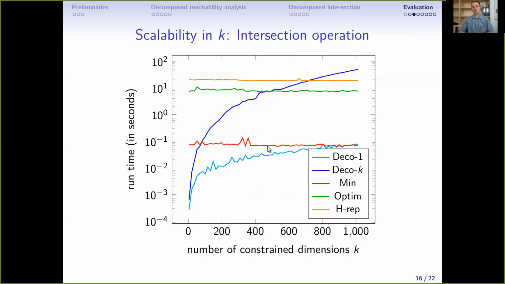And it's actually more efficient even than this very simple heuristic. But in practice, it can also be very coarse. So we would rather advise to use this medium dimensional intersection, which still is very efficient for low values of k. And at some point you have a crossover due to some overhead in our algorithm, but that comes rather late.